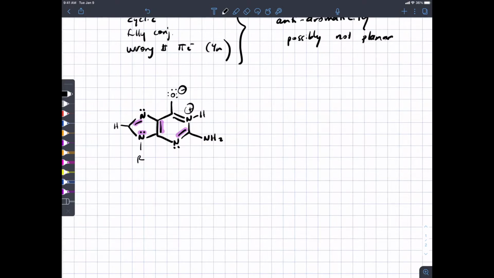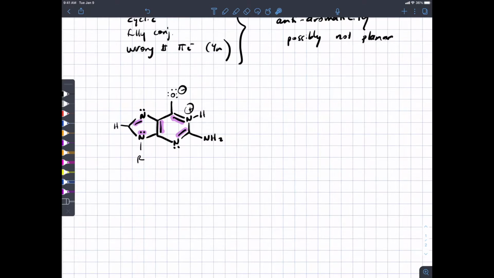So if I kick those electrons from this nitrogen down in the ring, suddenly I have 2, 4, 6, 8, 10, and that's an allowed number. What this tells me is I would count the lone pair on the nitrogen, but not the electrons in the pi bond with the oxygen.